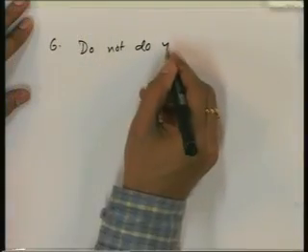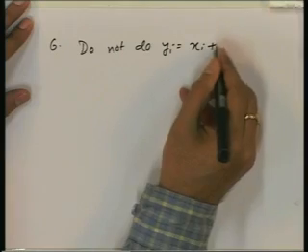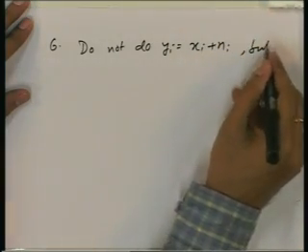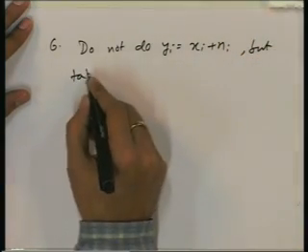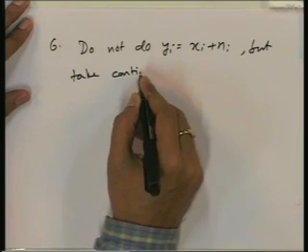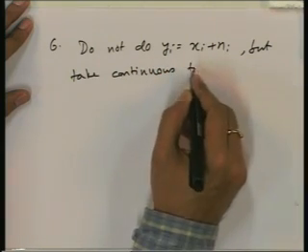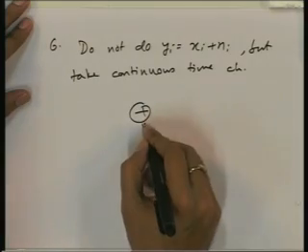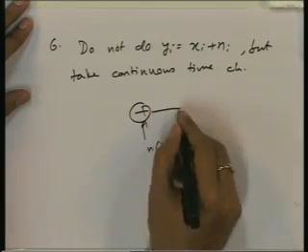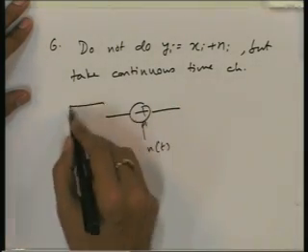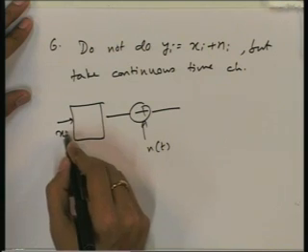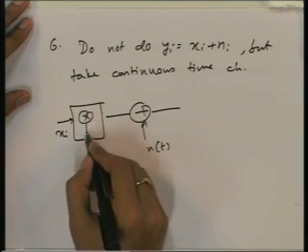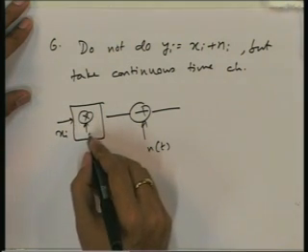Sixth, do not do yi equal to xi plus ni, but take the continuous time channel, that is now nt. This is the channel. Here you will have modulation. This is xi, multiplied by the pulse pt.